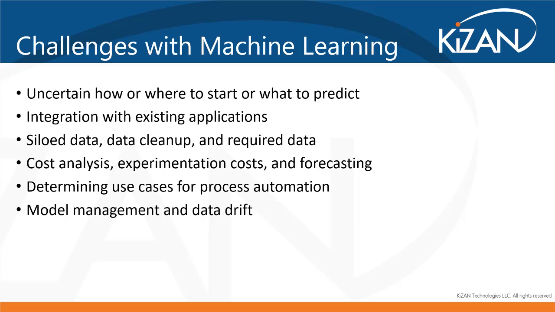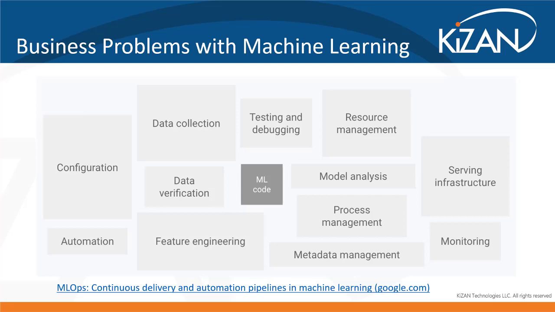Next, let's see business problems that arise when working with machine learning projects. So years ago, Google put together this slide here showing the machine learning code at the center of this large operational engine that is often performed by multiple people, multiple teams of people, and typically done manually.